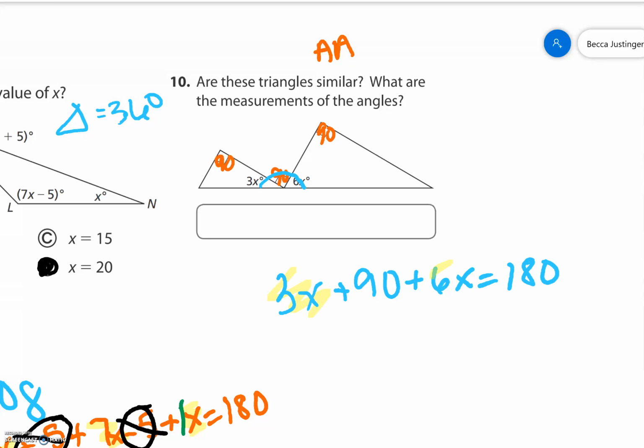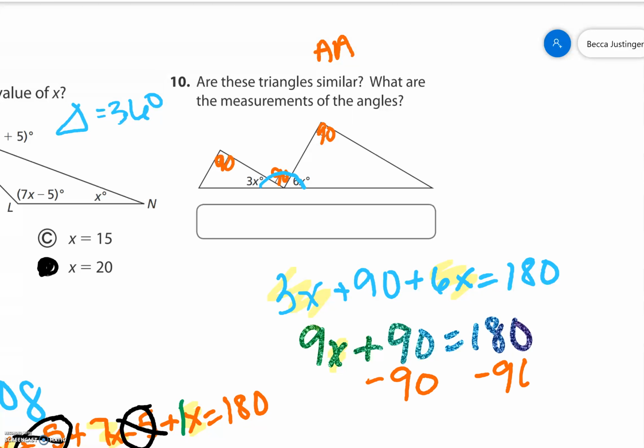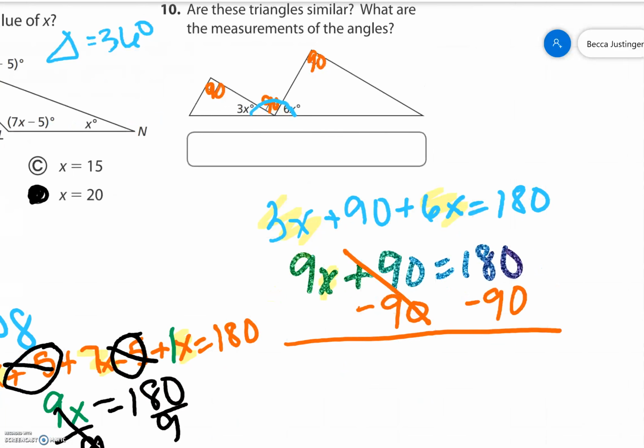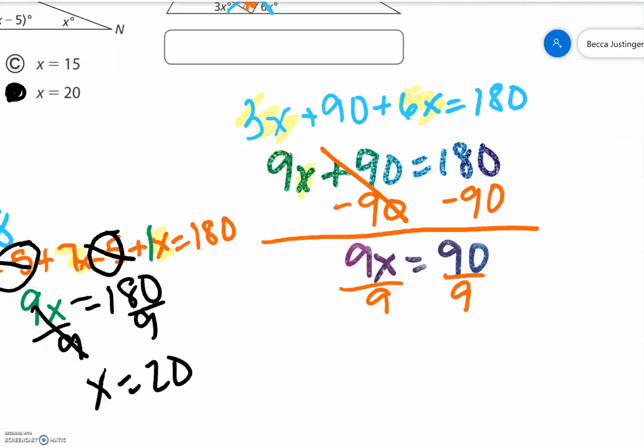Combining like terms, 3x plus 6x gives me 9x. Bring down the plus 90 equals 180. Trying to solve for x, I'm going to subtract 90 from both sides. Cancels out on the left, and we get 9x equals 90. Dividing by 9, cancels out on the left, and we're left with x equals 10.